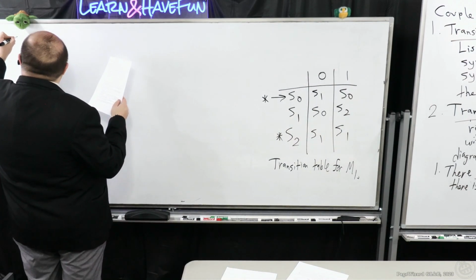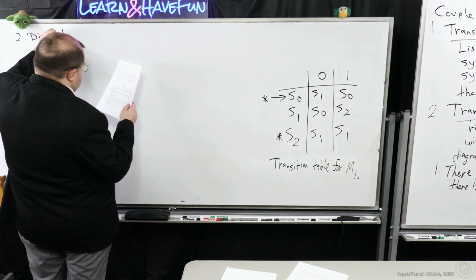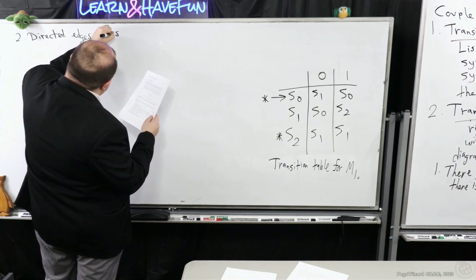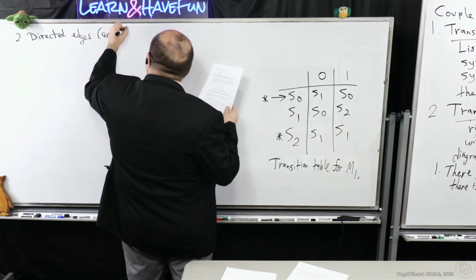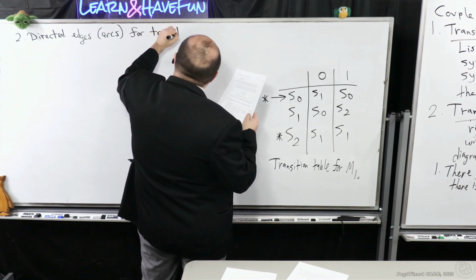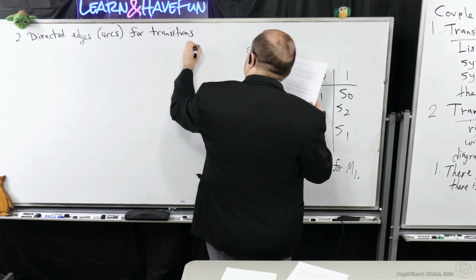The next thing, we're going to have directed edges, which are called arcs for short, or sometimes we'll just refer to them as edges. These are going to represent the transitions, or transitions from a state to another state.